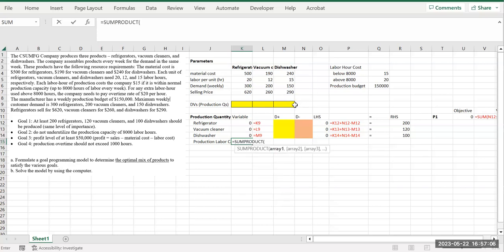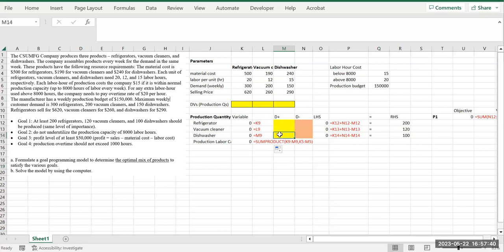So it's going to be some product of the decision variables and the labor hours per each one of them. So 20 times the number of refrigerators plus 12 times the number of vacuum cleaners plus 15 times the number of dishwashers. So that would be the total production labor hours. All right, so this is the formula, which it may actually go below.